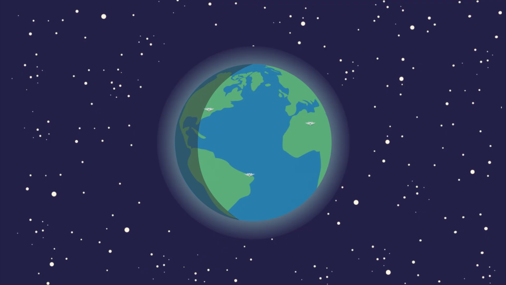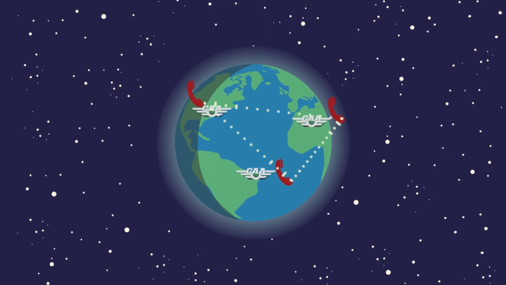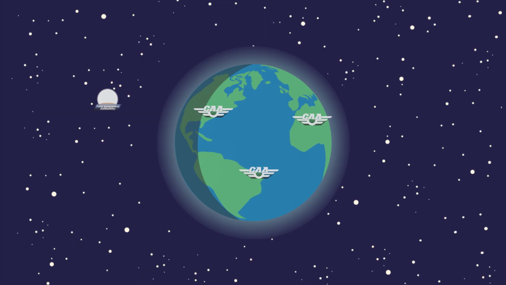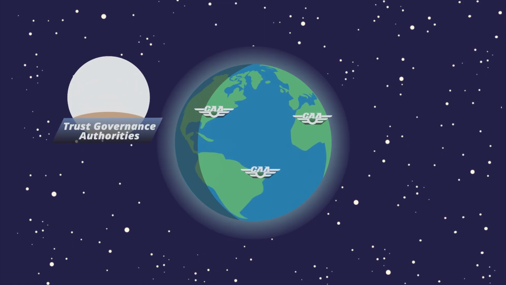A trust framework begins when 2 or more participants, such as civil aviation authorities or CAAs, across the globe determine a need for the exchange of information. This becomes the basis for a new trust framework instance, and so, a Trust Governance Authority, or TGA, will be established.